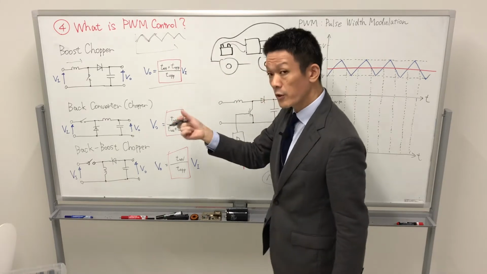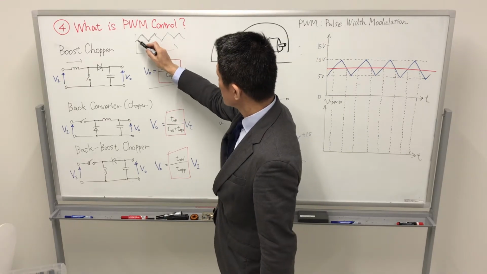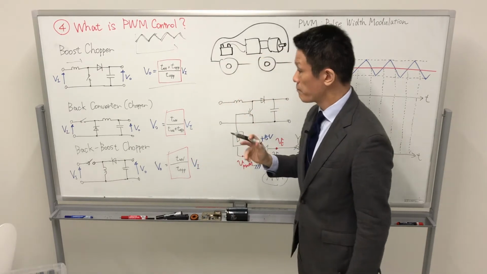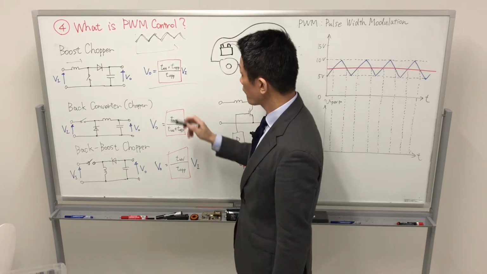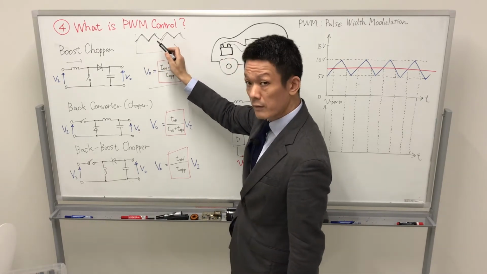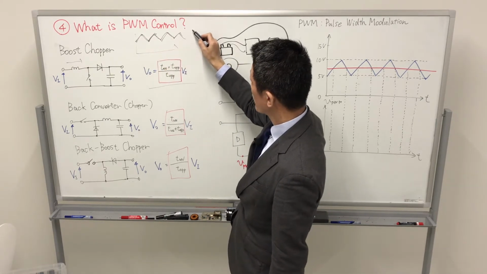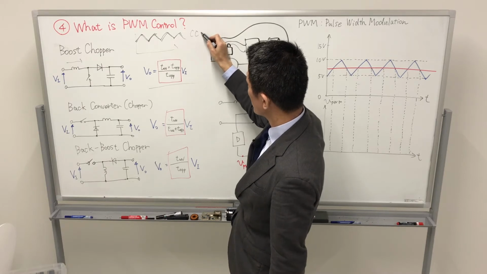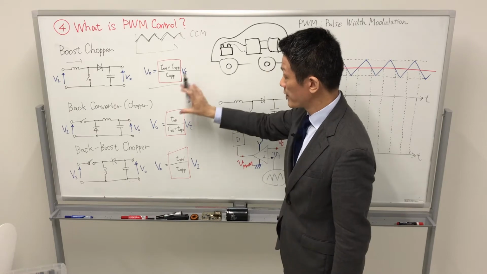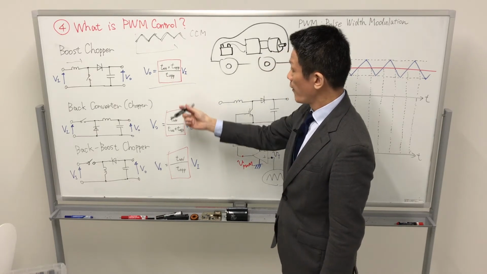This is cycling, so the inductor current is shaped like this, but this is a continuous current. We call this mode the continuous current mode. In this case, we can obtain the output voltage.